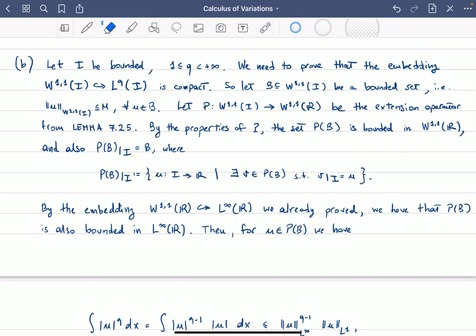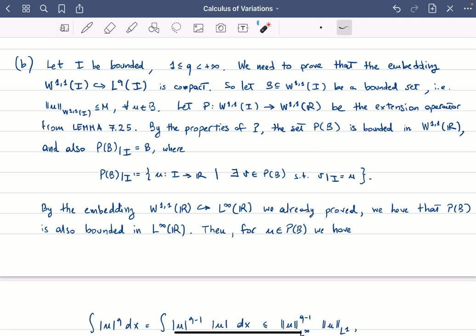Moreover, always by the property that P of u restricted to I is equal to u, which was one of the properties of the operator P, we also get that P of B restricted to I is equal to B, where we define P of B restricted to I to be the set of all functions from I into R such that there exists a function v in P of B such that v restricted to I is equal to u.